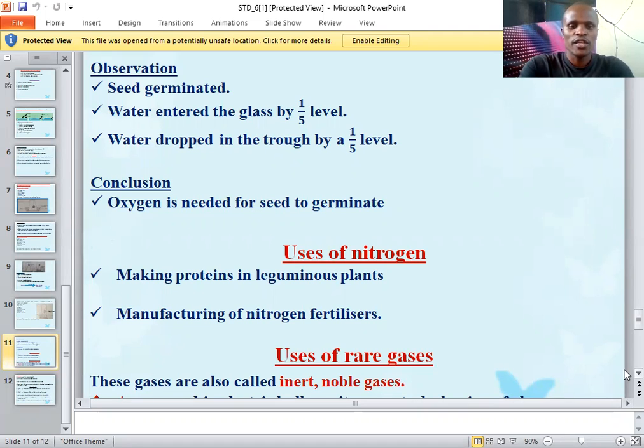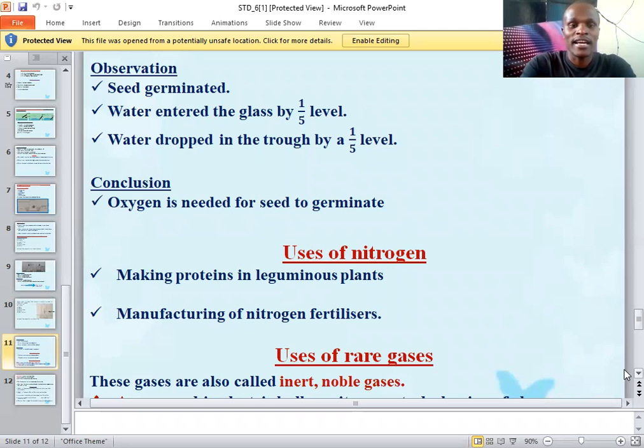nitrogen is used by plants, especially leguminous plants, to make proteins. We know very well that leguminous plants have what is called the root nodules. And in the root nodules, we have some bacteria. We call them nitrogen fixing bacteria.